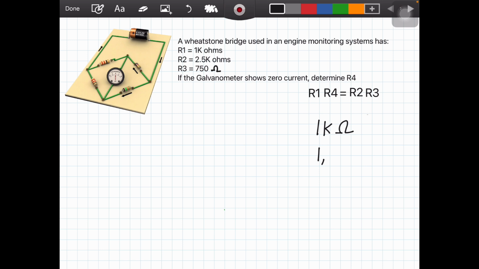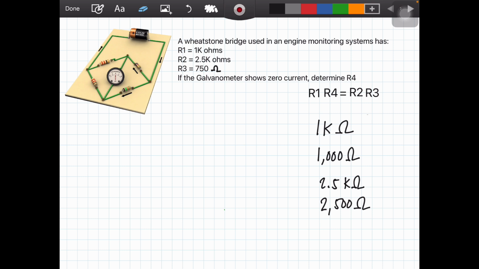Kilo is 1,000, so you need to add three zeros for that. And for the 2.5 kilo ohms, we write it instead like this: 2,500 ohms already.